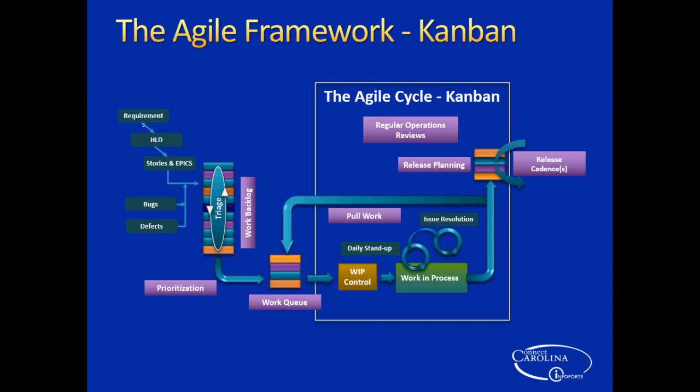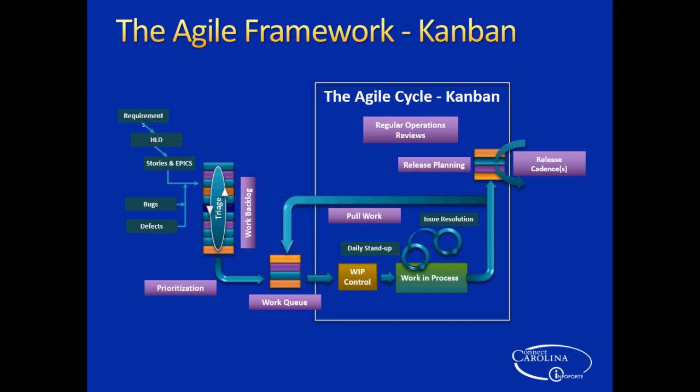Kanban is what? Well, it can vary. It can vary, right? You're setting it. It's continuous, right? It's a continuous process. So you get the work, keep the work queue adequately filled.